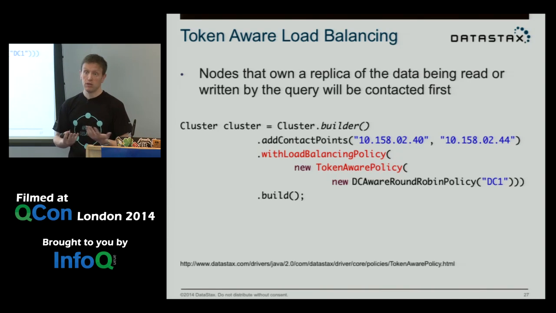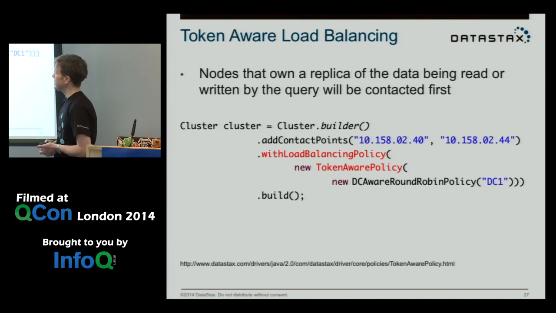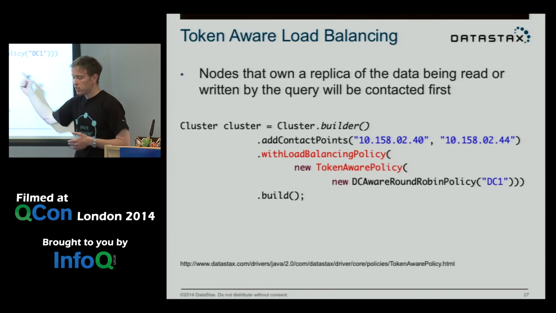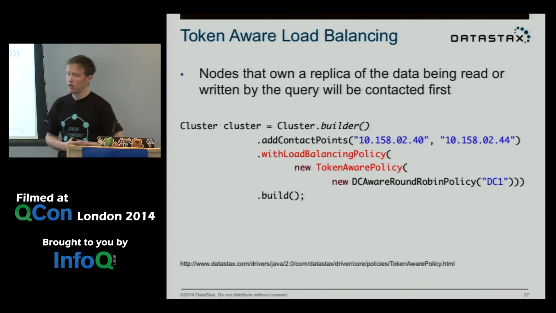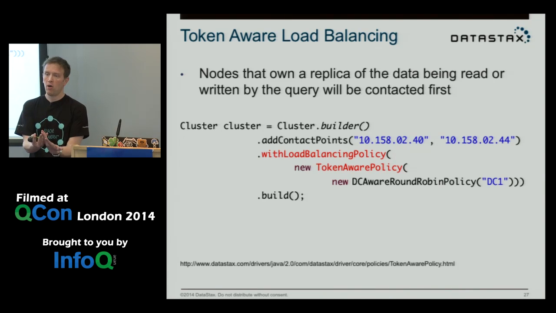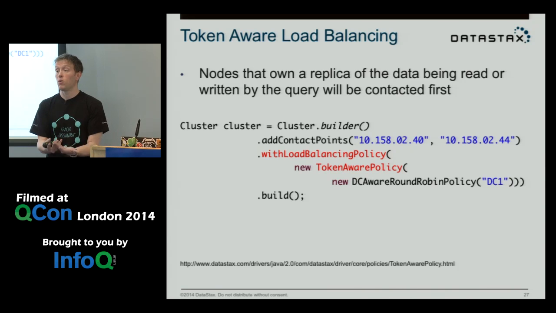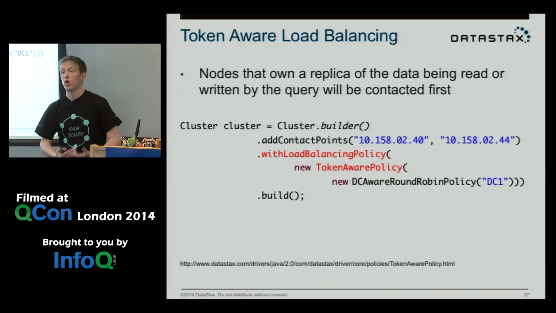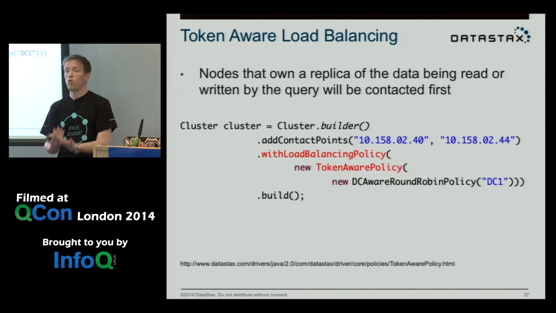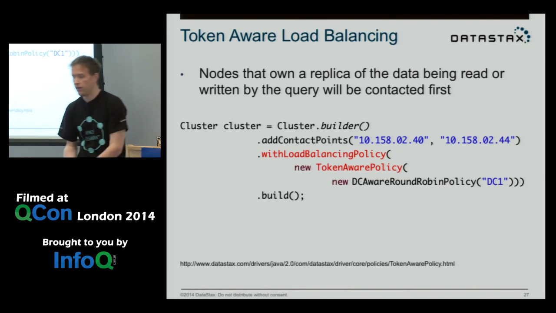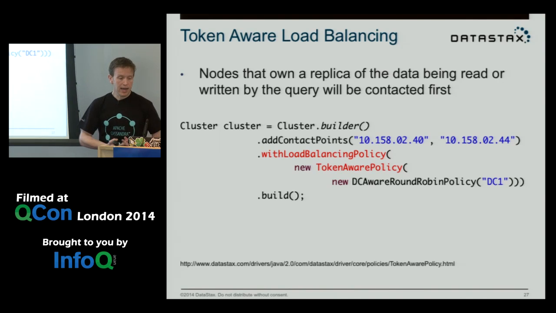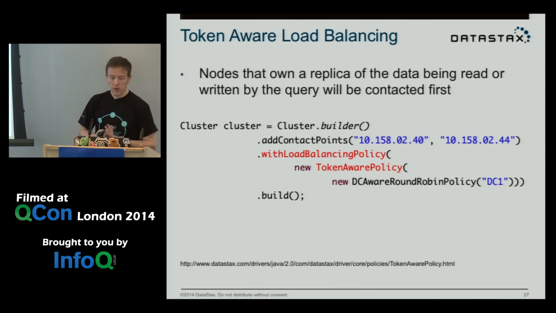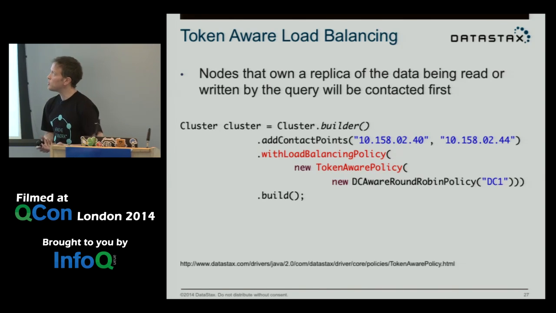You have to instantiate it with a child policy. An example here, which is actually a very common way of setting up your cluster, is you instantiate your token aware policy, and then once I'm token aware, also make me DC aware. So I'll connect to my local data center, I will choose a coordinator that has an affinity to that partition of data, and then when I connect to a remote data center, I'll do the same thing. It's very nice.